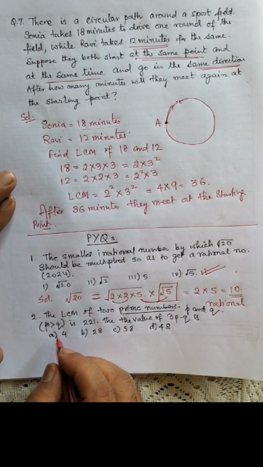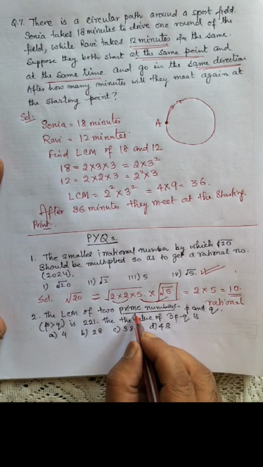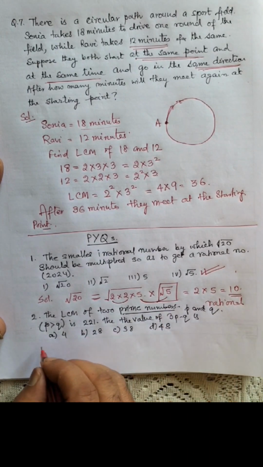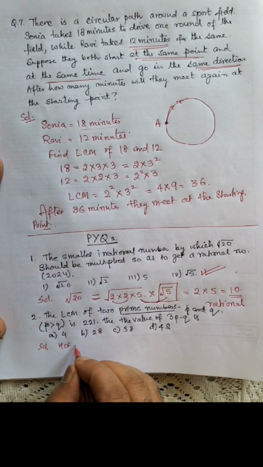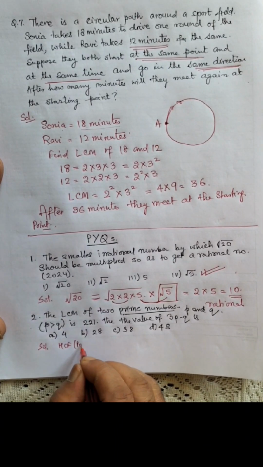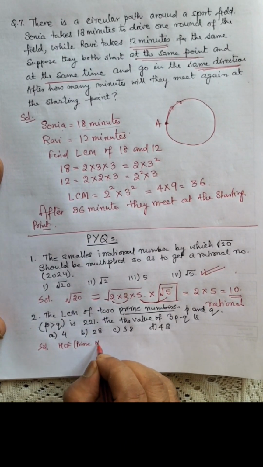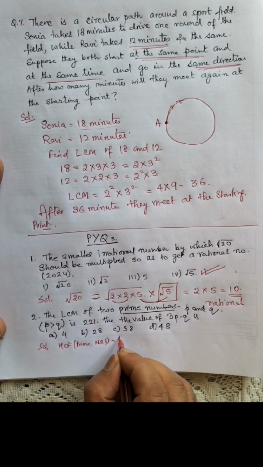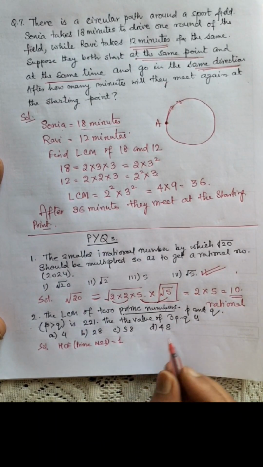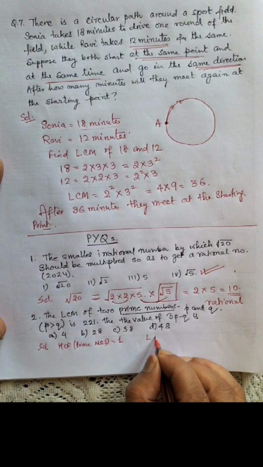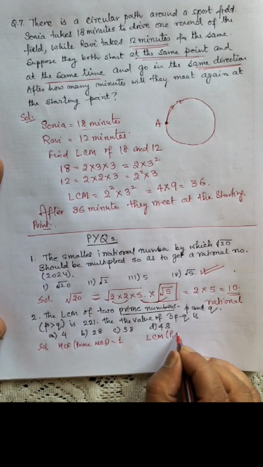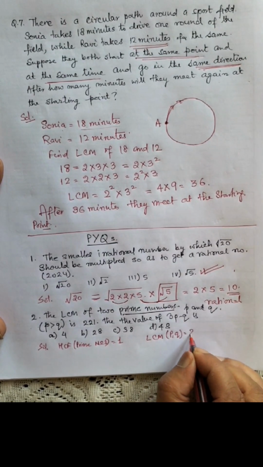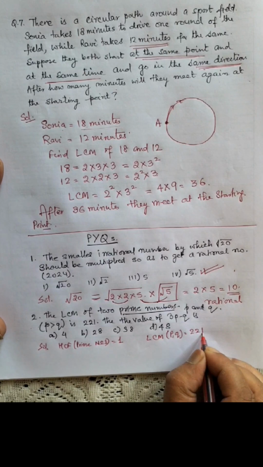Again, what is given? Since these are prime numbers, we know the HCF of prime numbers is 1, and LCM of P and Q is given to be 221.